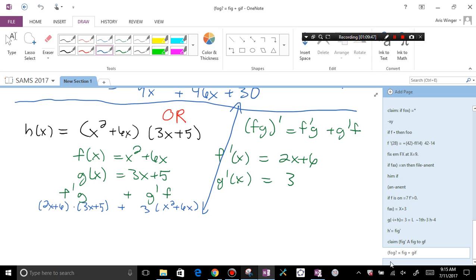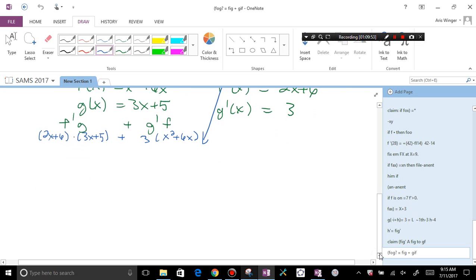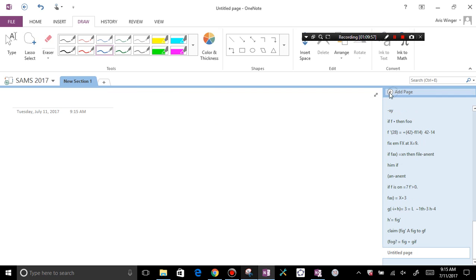I do want to introduce one other function that we've been using before, and that is the exponential function. So it's going to be f of x. We're in calculus, and so we care about a particular base.